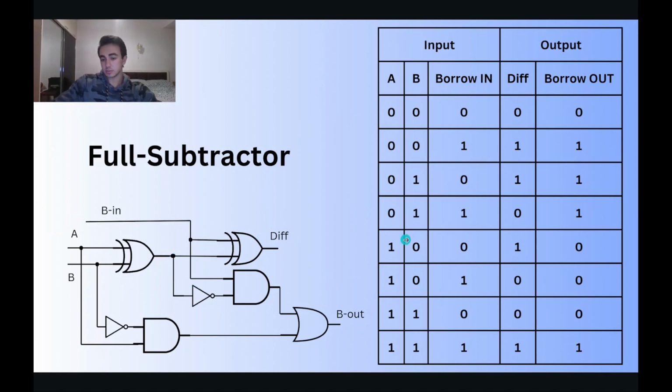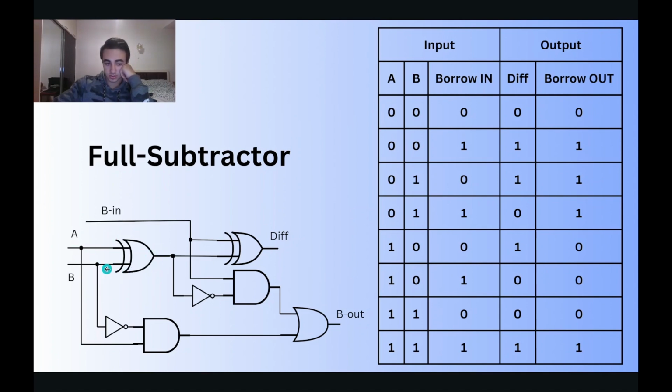So we need to negate the output that is being subtracted from. Let's review the case when A is 0, B is 1, and borrow in is 1. A is 0, B is 1. The XOR outputs 1.